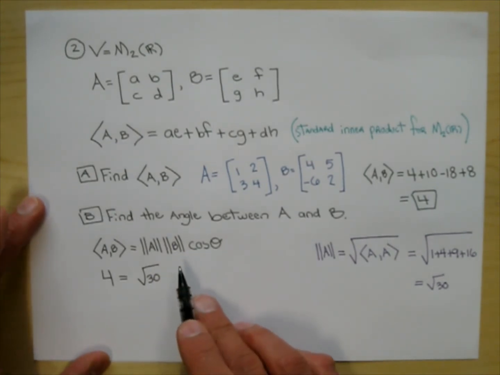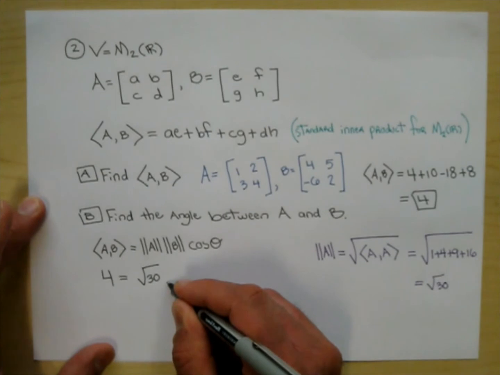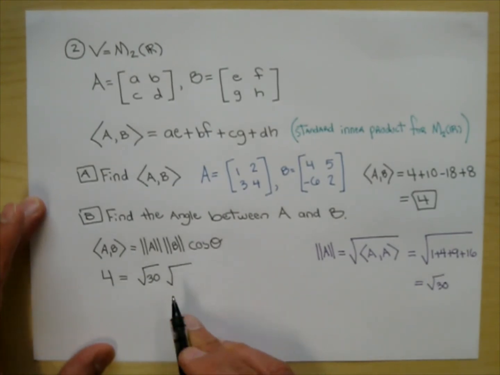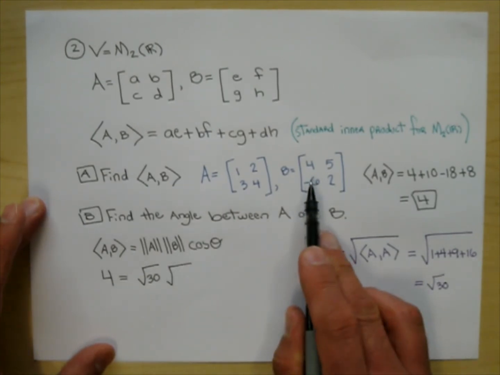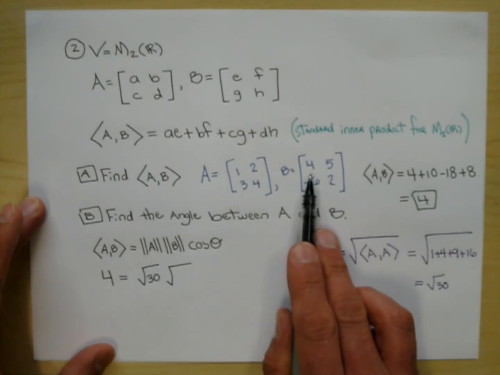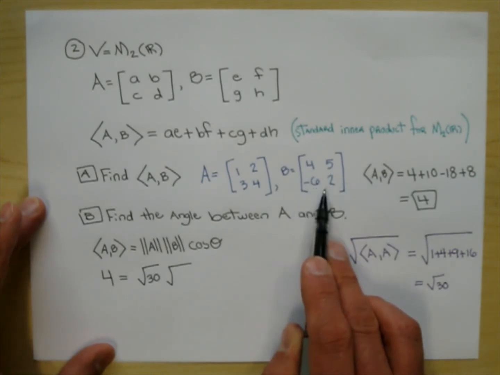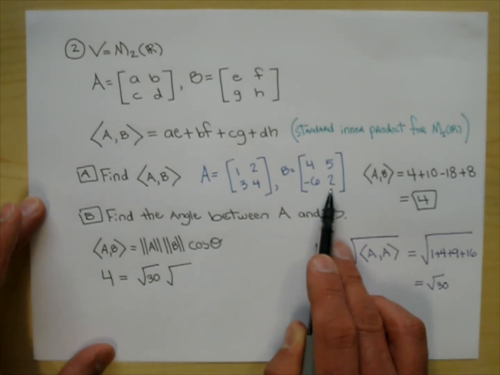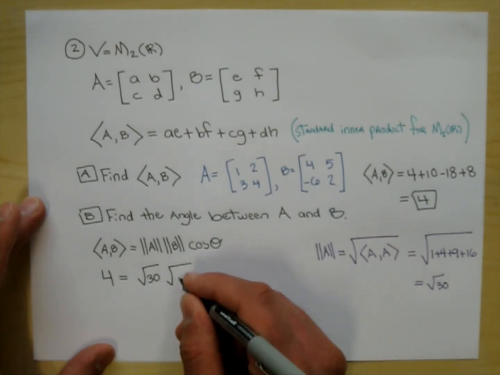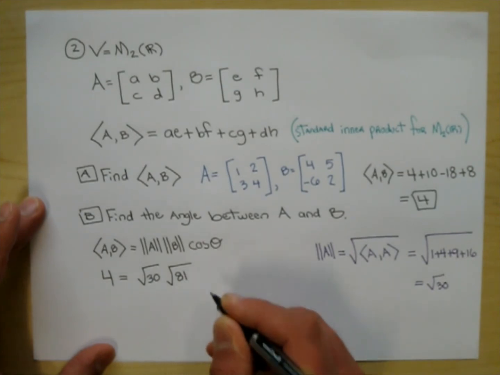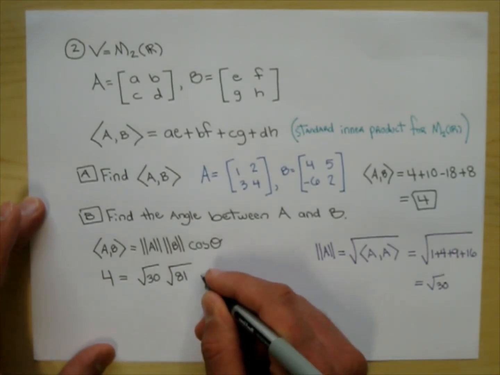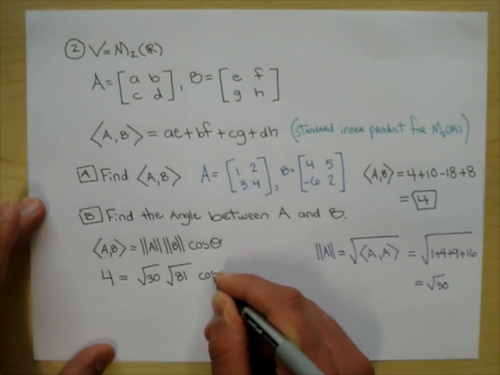In a similar fashion, we will find the length of B. It's going to be a square root of something as well. So this gives me 16 plus 25 plus 36 plus 4. If you add all that together, I think you get 81. And then this is the cosine of theta.